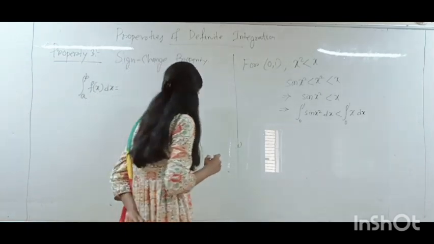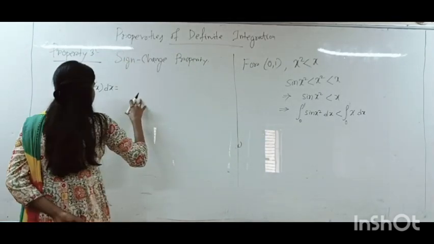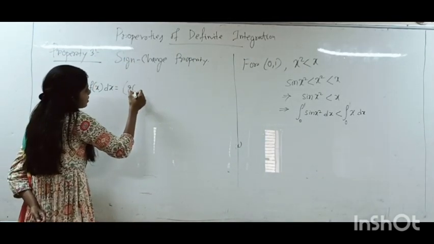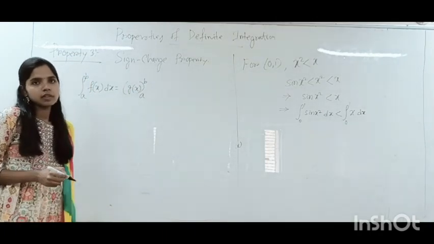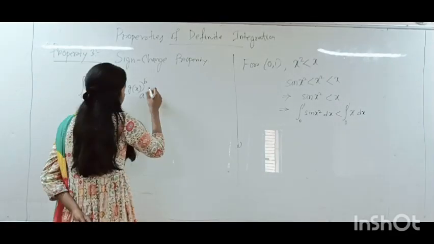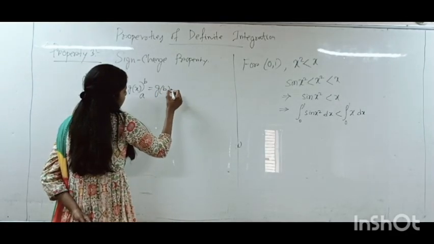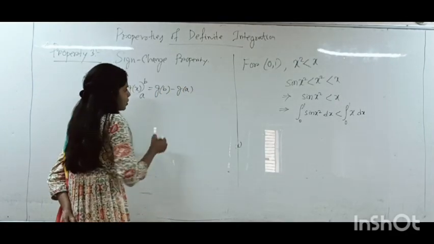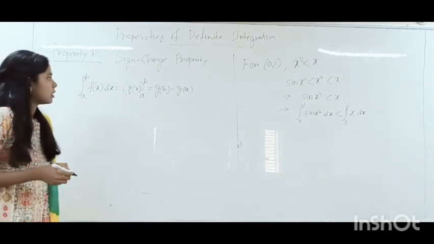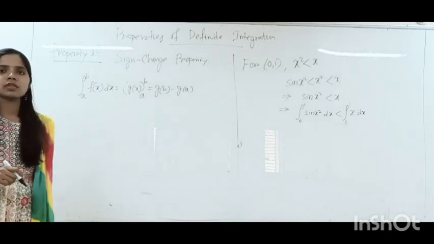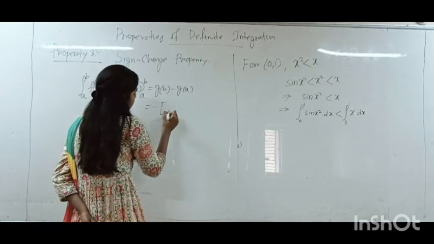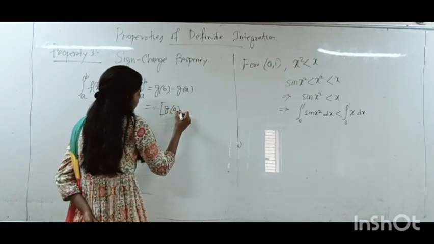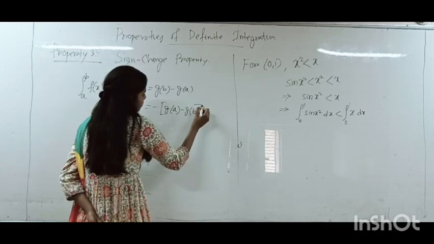Now let's say this integral is equal to some g(x) from a to b, that means g(b) minus g(a). Now you can take minus common here, so you will get minus (g(a) minus g(b)).